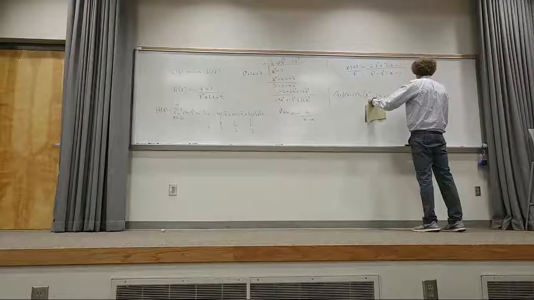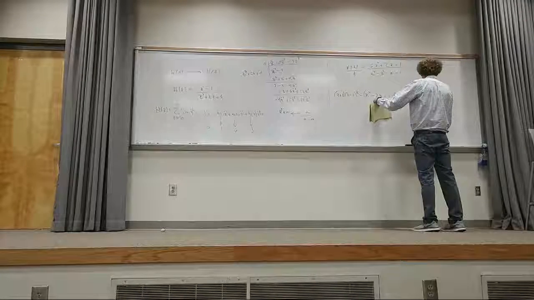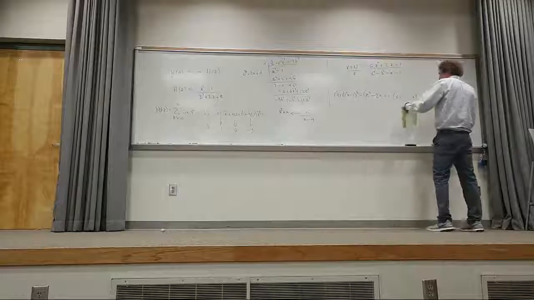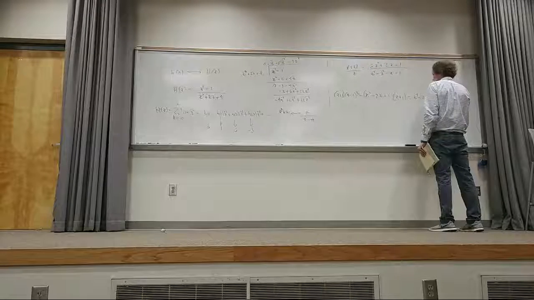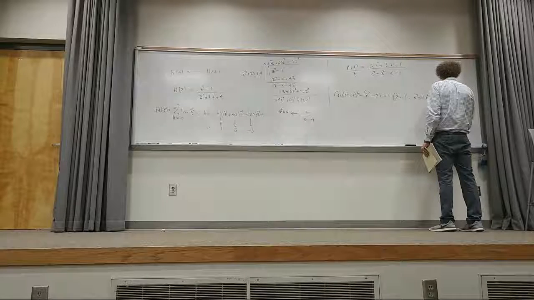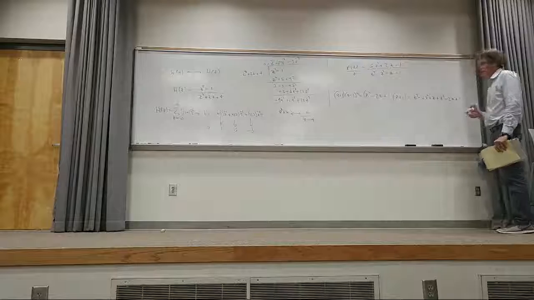Now I get z cubed minus 2z squared plus z, then plus z squared minus 2z plus 1. Agree?